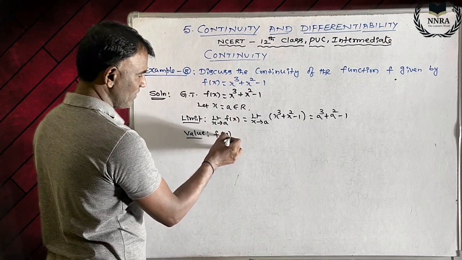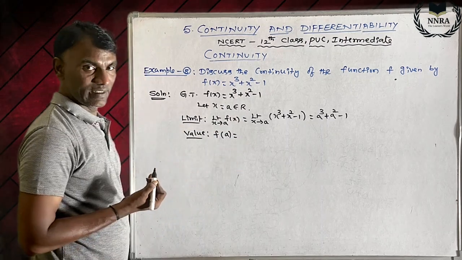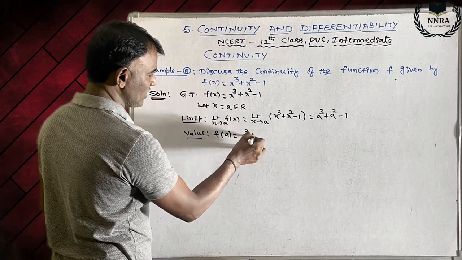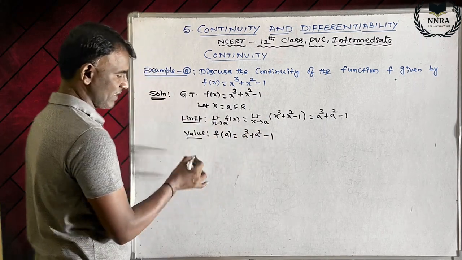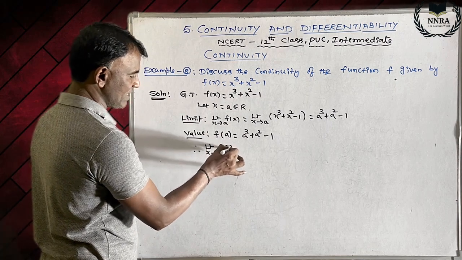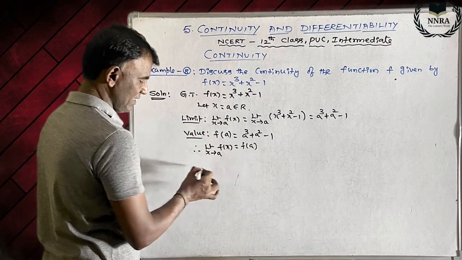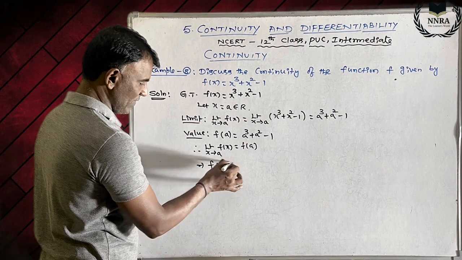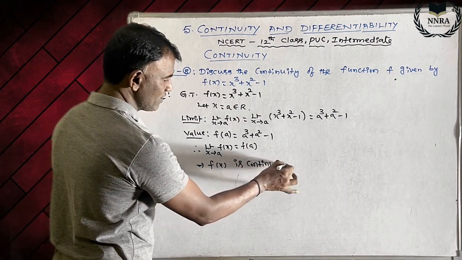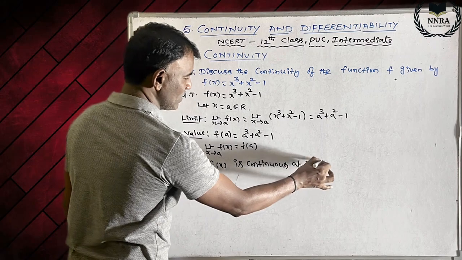Then we find f of a. So f of a, how to write this? Again x equal to a, a cube plus a square minus 1. Therefore limit as x tends to a of f of x equals f of a. That implies f of x is continuous at x equal to a.